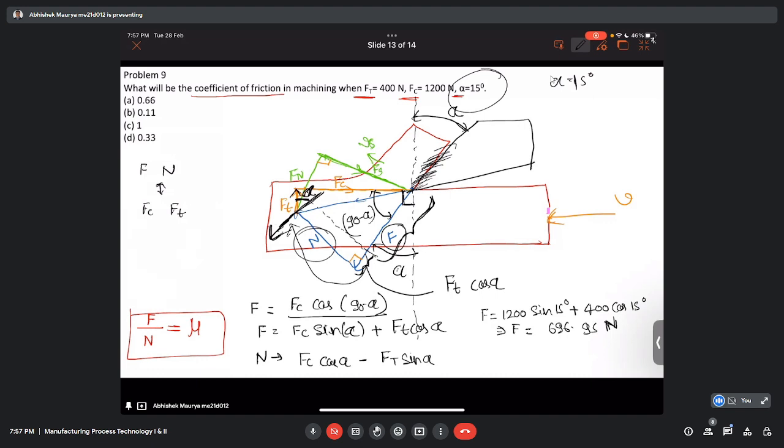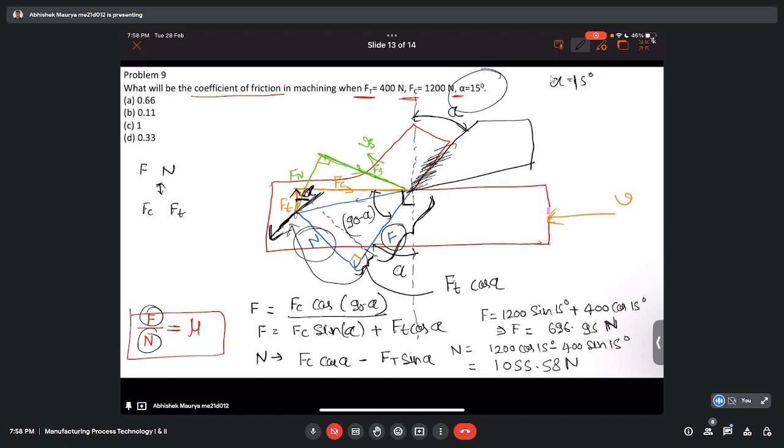Again, if you substitute the values, N is equal to 1200 cos 15 degrees minus 400 sin 15 degrees, so N is equal to 1055.58 newtons.